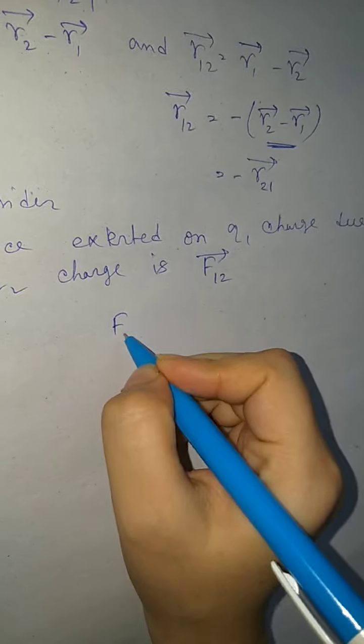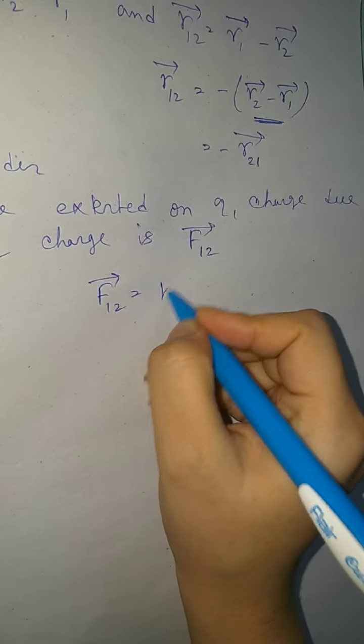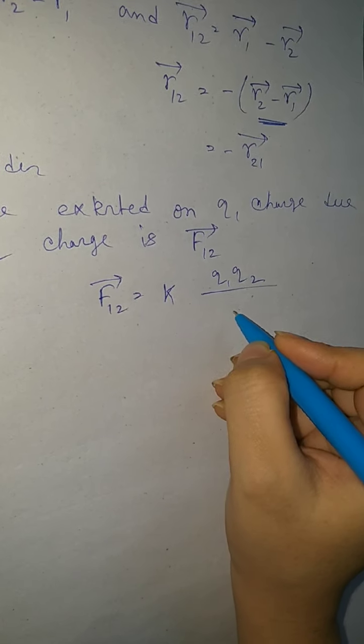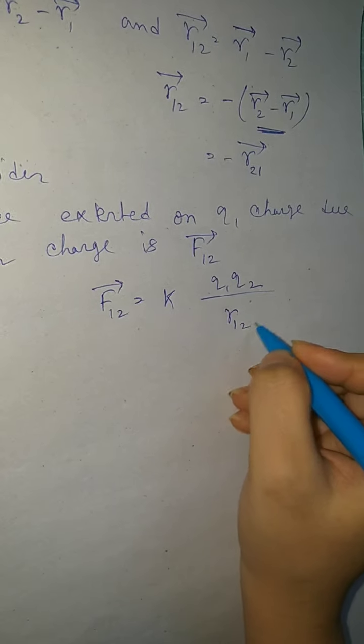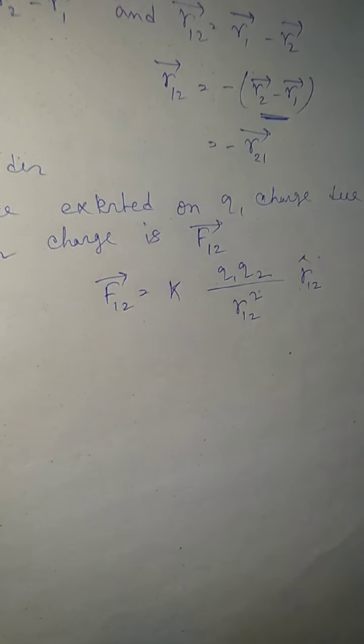Then we can write from Coulomb's law, F12 vector equals K into Q1 Q2 by R12 square R12 cap.